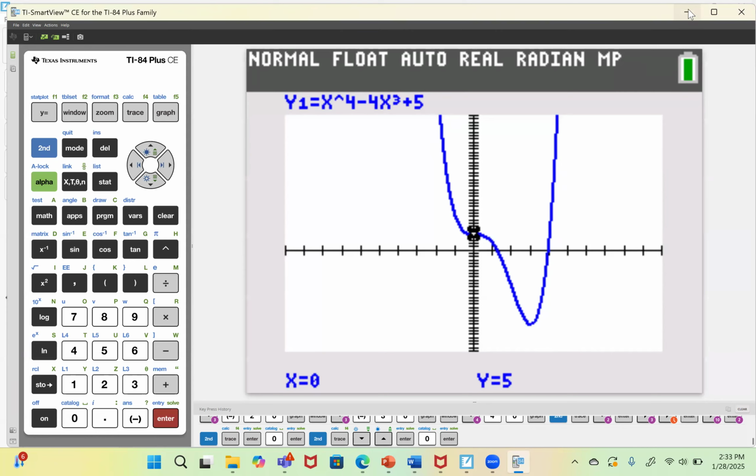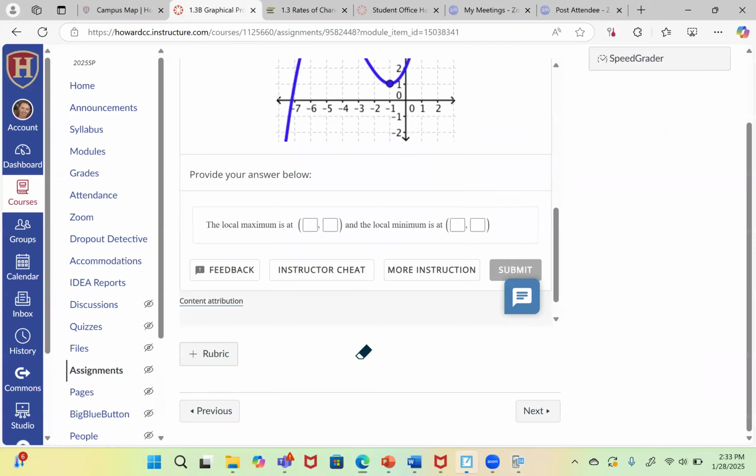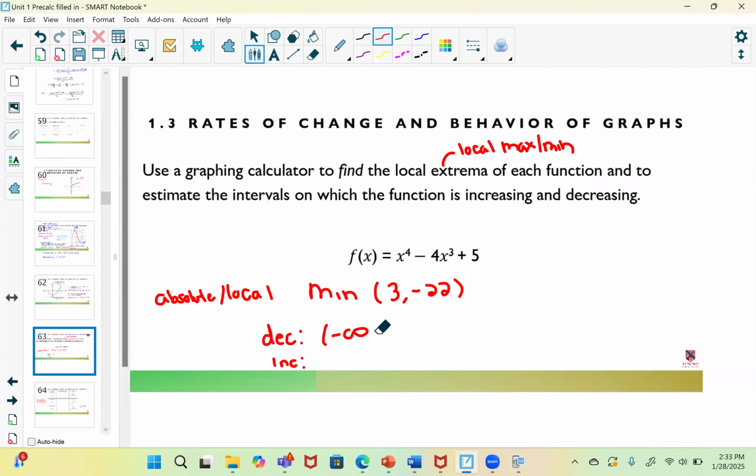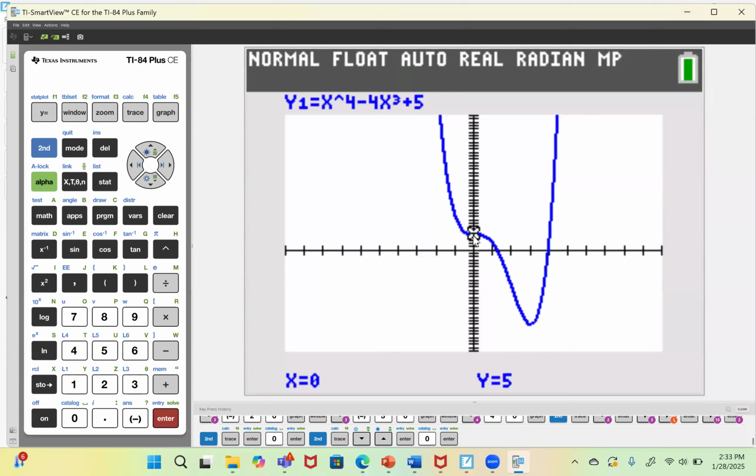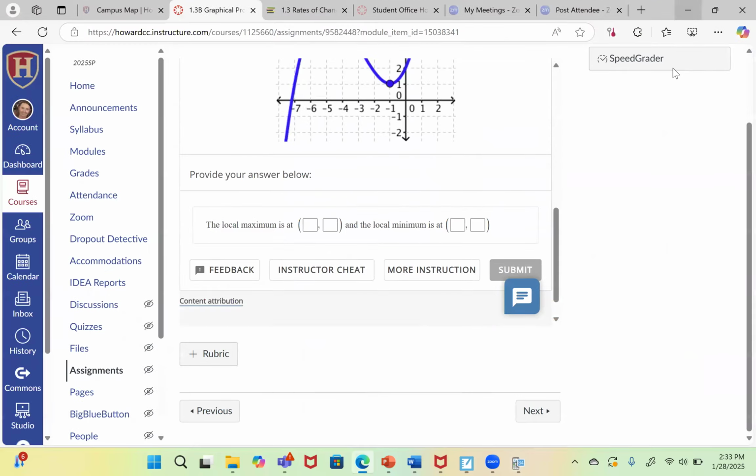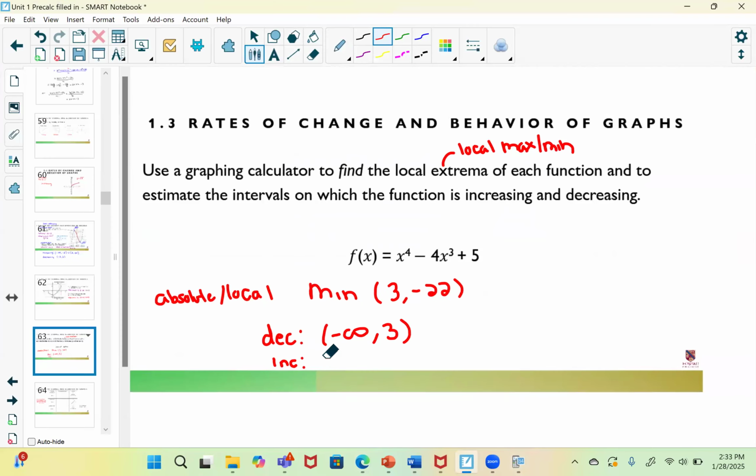That's fine for this class. When you get to calculus, you would probably be a little more specific and not include this x equals 0. But for this class, you can just say that it's decreasing from negative infinity until you get to 3, and then it's increasing after 3. So we would say it's increasing from 3 to infinity.